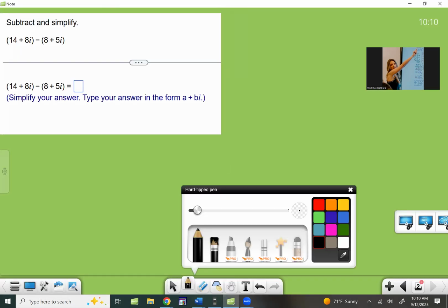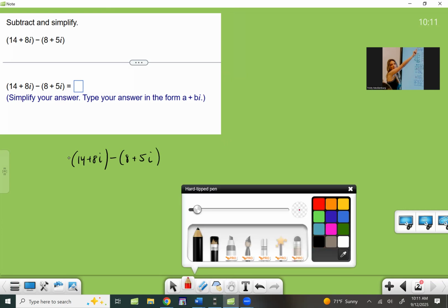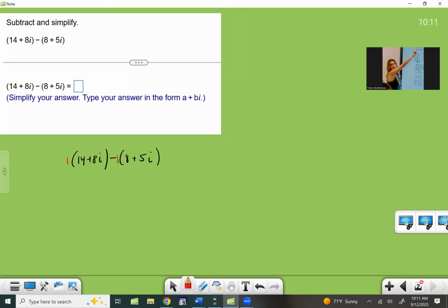Okay, so for number 2, you want to take whatever's in front of the parentheses and you want to distribute it. So let me go ahead and write this out just so I can write on top of it. So in front of the parentheses is really a 1, and here a negative 1.